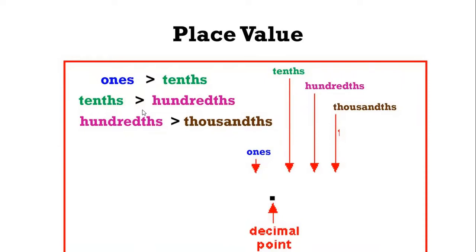Two more examples. 100 plus 40 plus 6 plus 5 by 10 plus 6 by 100. Very good. Exactly correct.